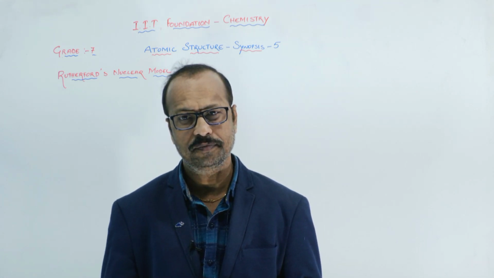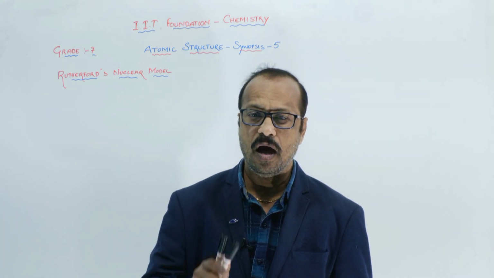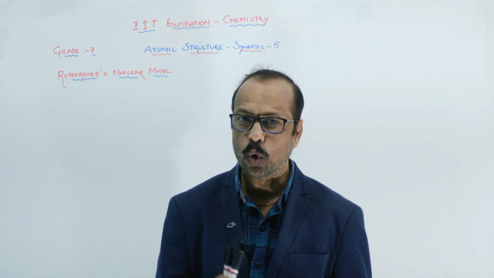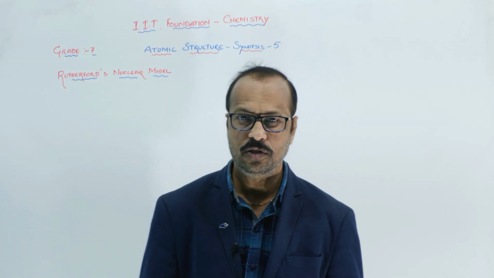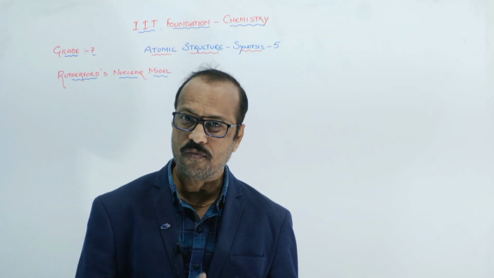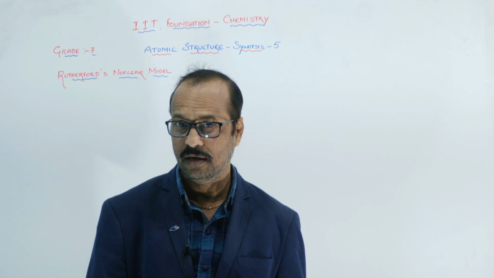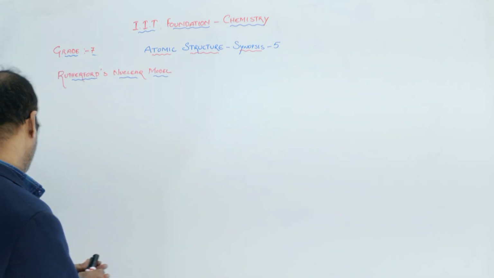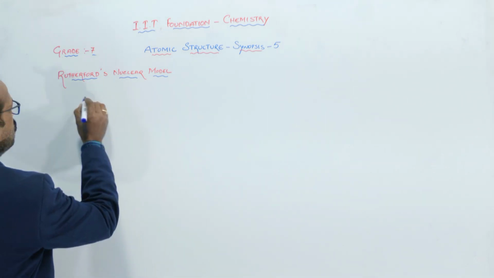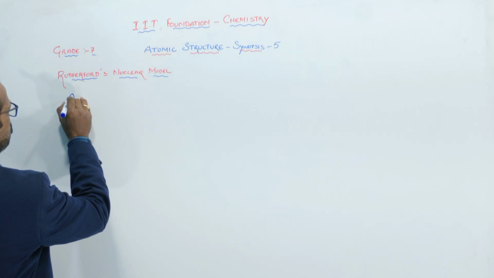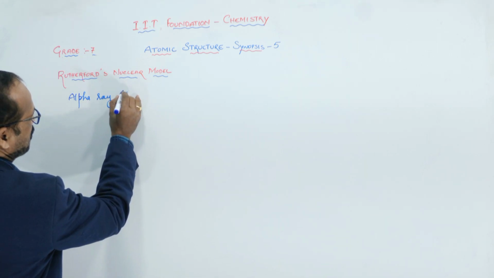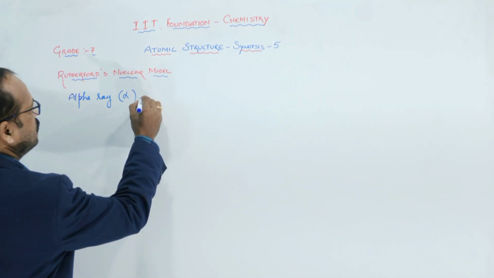conducted one more experiment, which is called the alpha ray scattering experiment, which is also called the gold foil experiment, right? So Rutherford conducted one experiment which is called what? Alpha ray scattering experiment or gold foil experiment. So now let's discuss about the alpha ray scattering experiment. The alpha symbol you can write like this, students.